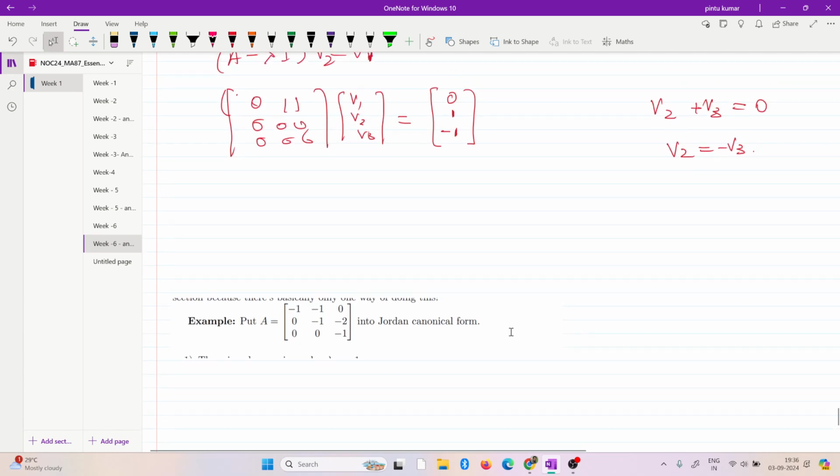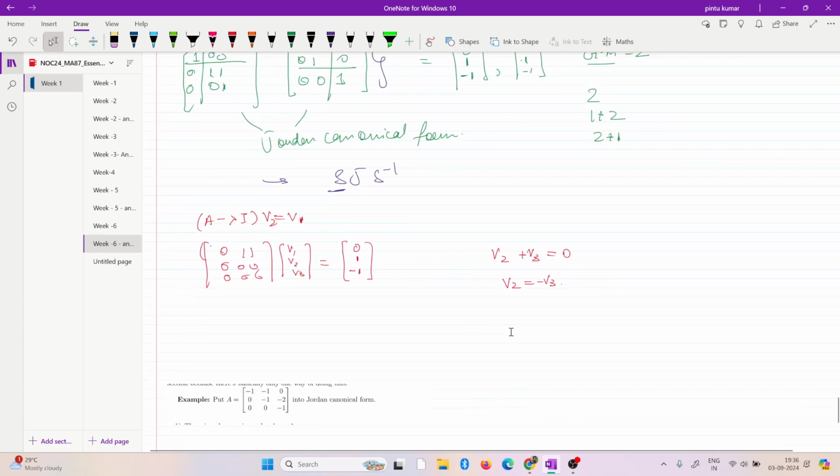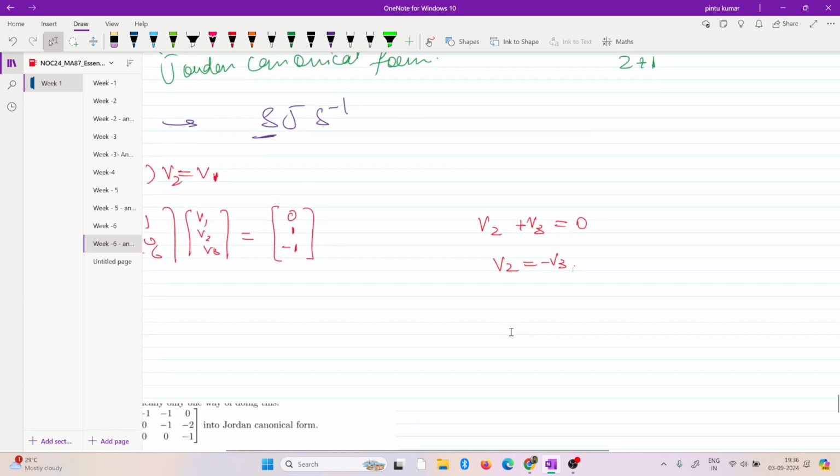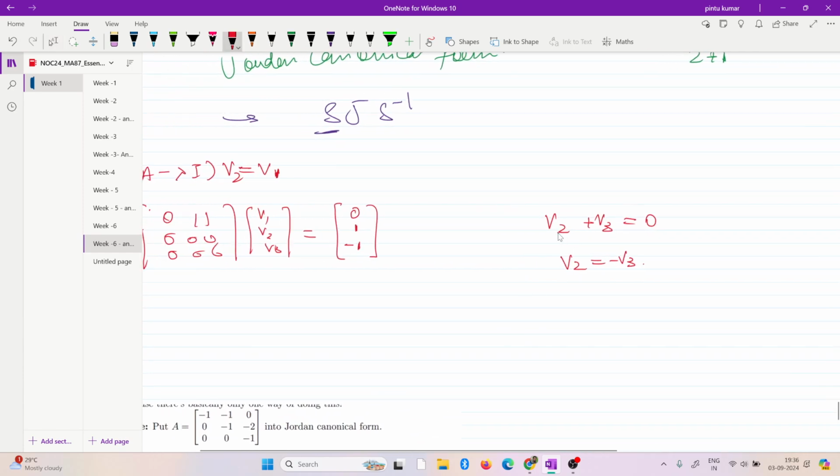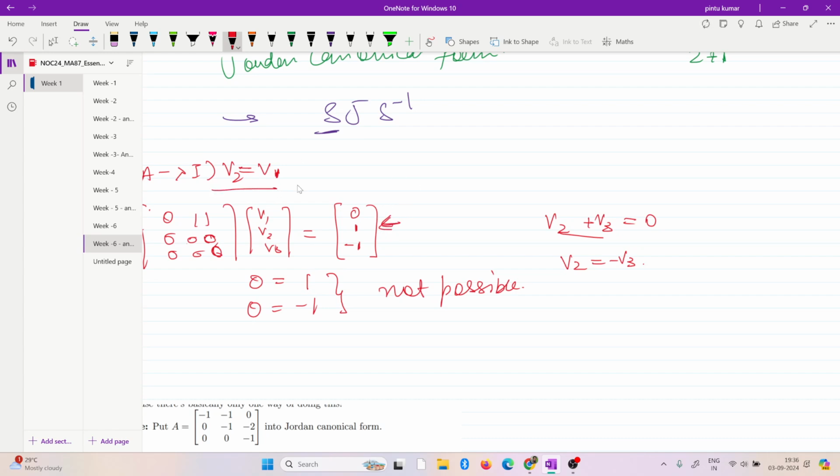This is the condition that you just get from the first of them. But if you look at the second and third row, what does this give you? Second and third row gives you that 0 is equal to 1, 0 is equal to minus 1, which is definitely not possible, right? So if we chose this particular eigenvector for solving this, then we got no solution. So let's try with the second one.